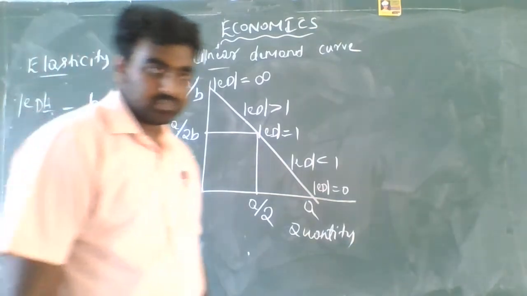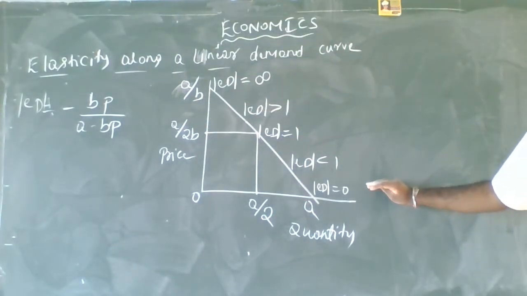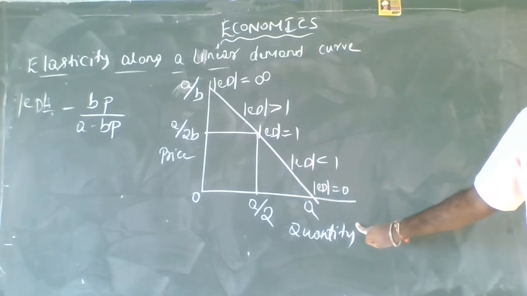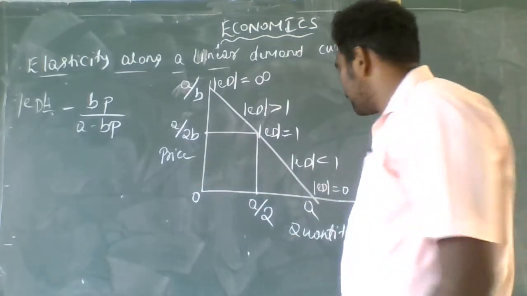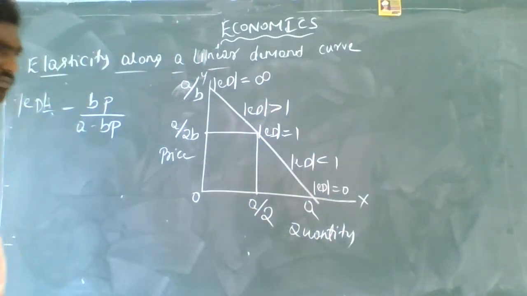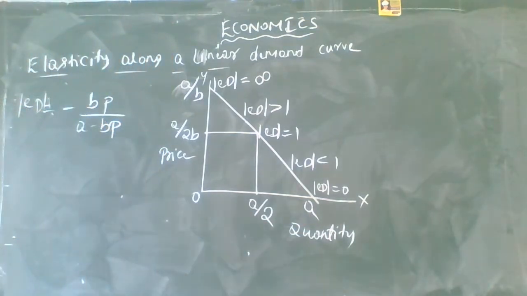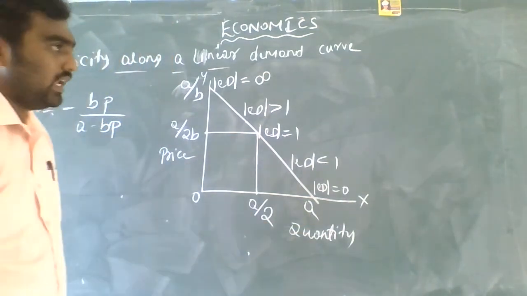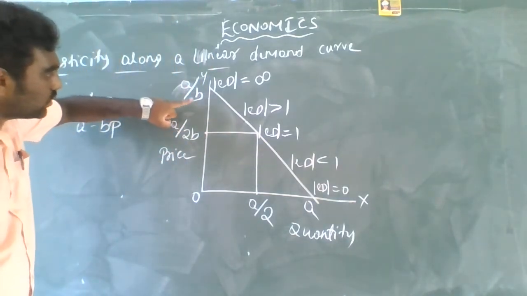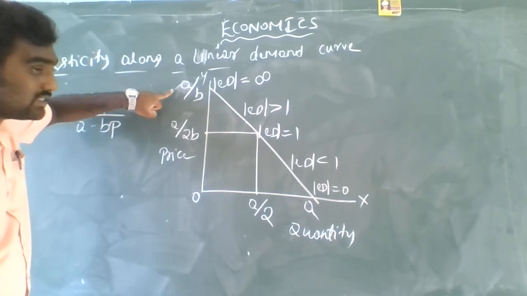Guys, if you observe this graph carefully, on the x-axis we have quantity and on the y-axis we have price. You know that A is the maximum limit function. A divided by B and these are two constants. When price is 0, what is the quantity?